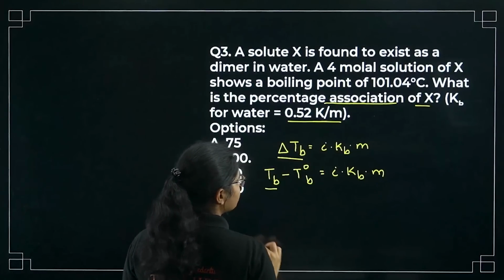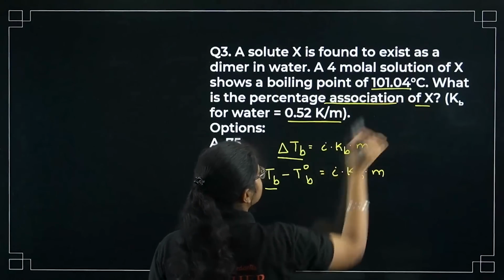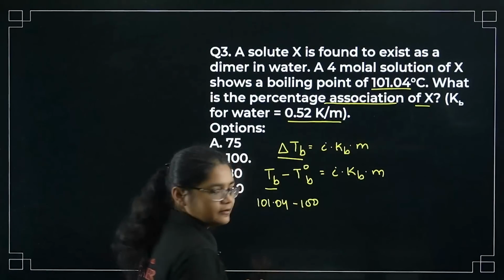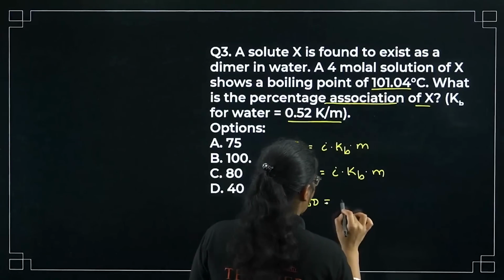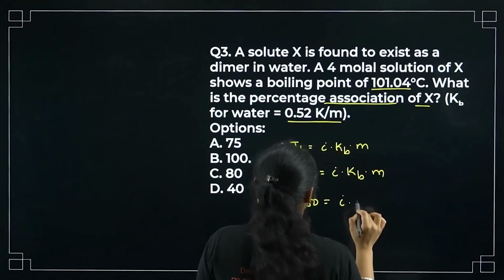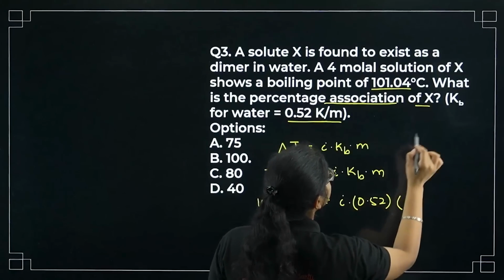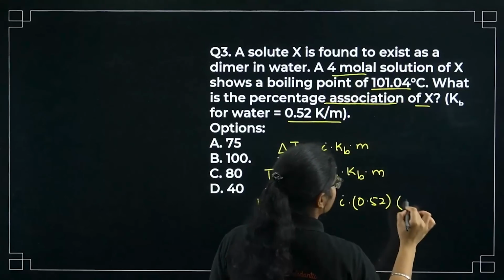What's the value of Tb? The solution boiling point is 101.04, and we know that the boiling point of water is 100. That is equal to i, whose value I have to find out. Kb value is given as 0.52 and the molality given is 4 molar.